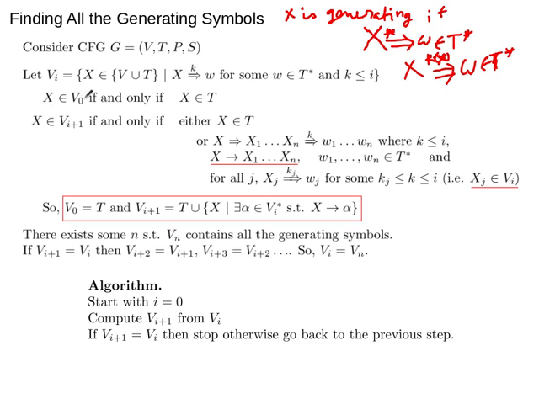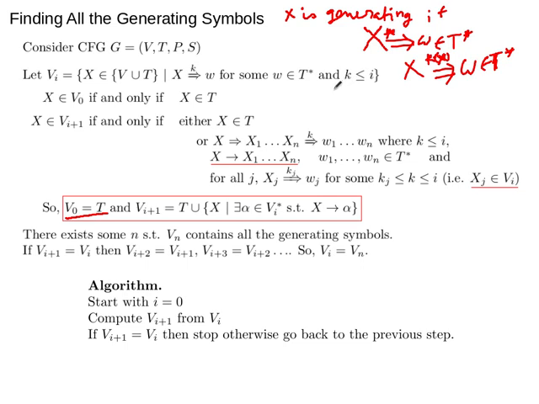So x derives something over terminals in 0 steps if x itself is a terminal. So you see that V0 is just the set of terminals, right? And now you consider something in Vi plus 1. That means you can derive some terminals in i plus 1 or fewer steps, right?